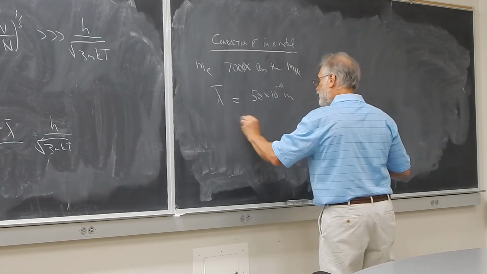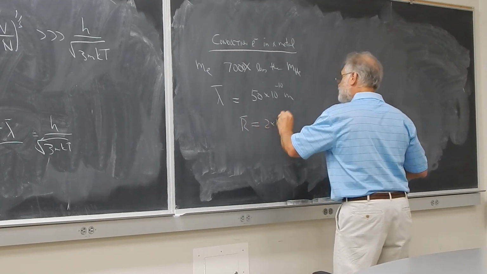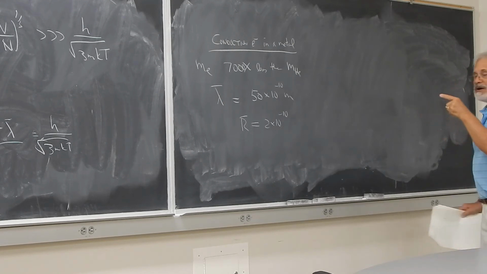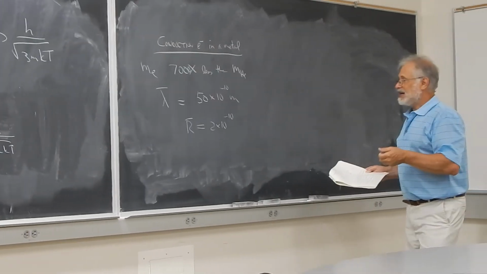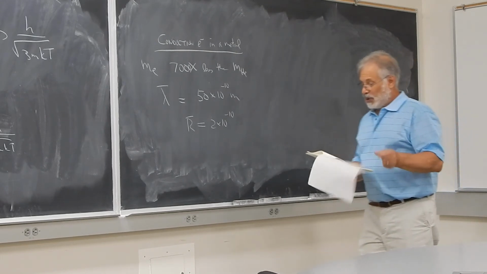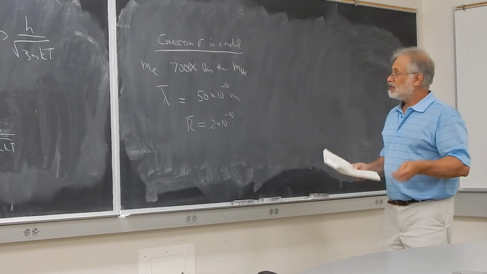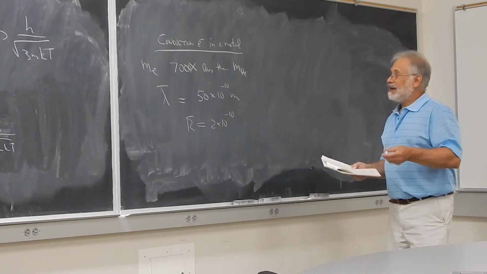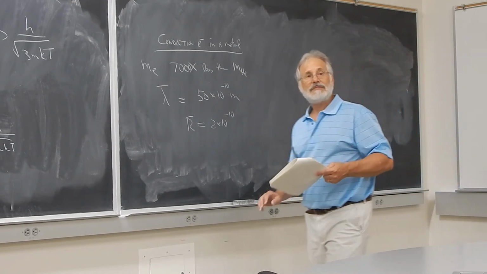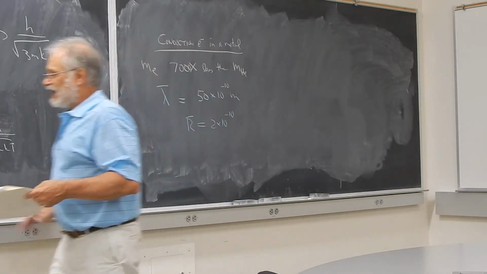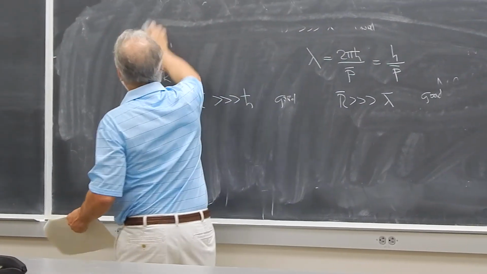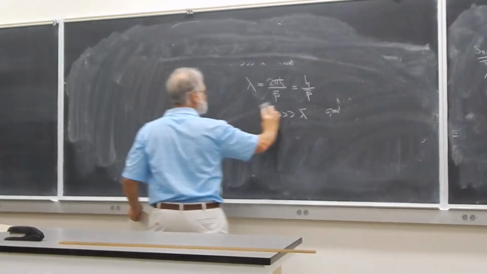I have R equal to 2 times 10 to the minus 10 meters, and in this case, the de Broglie wavelength is greater than the interatomic separation. Therefore, the classical approximation is going to fail. And what we're going to need then is to use quantum statistical mechanics to be able to understand electrons in metals. So that's kind of an interesting way of knowing when you're going to have to use quantum statistics and when you can get away with classical Boltzmann statistics.